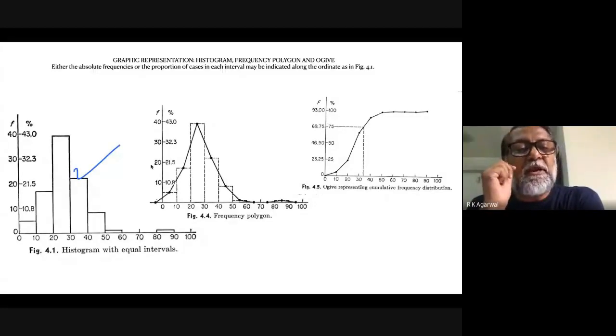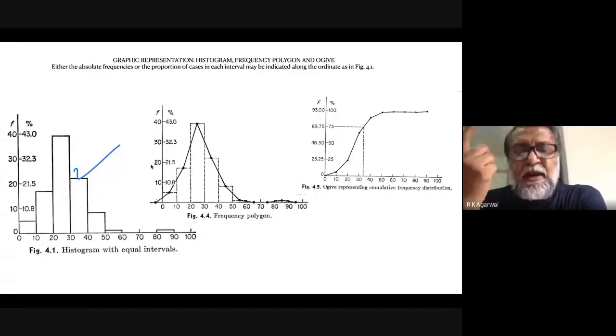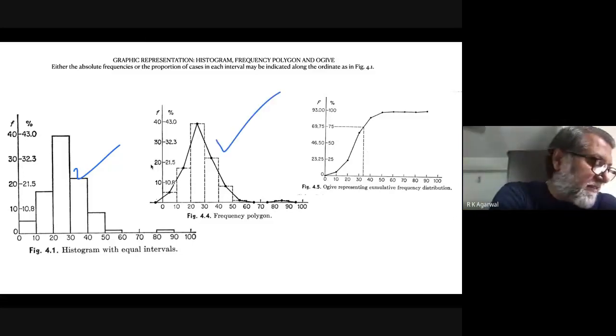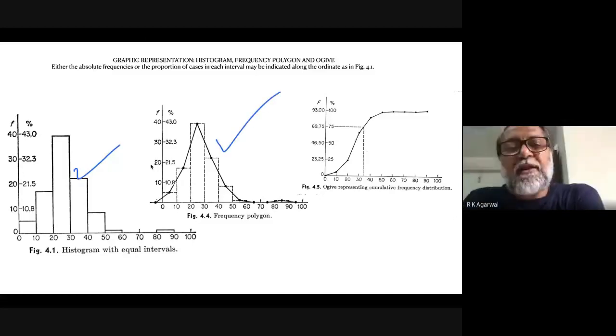Frequency polygon and frequency curve gives you a more useful idea about the distribution of cases. Now, if you have drawn a polygon like this, then what kind of a line or what kind of a curve have you obtained?